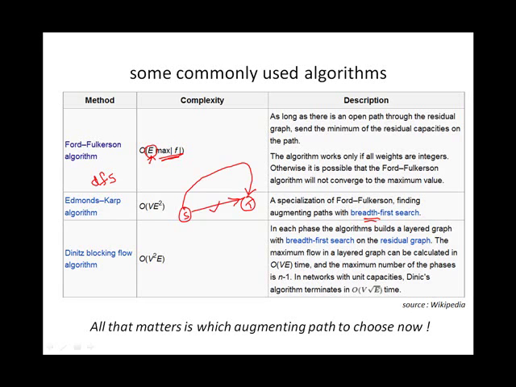If you prefer the augmenting path with the minimum number of edges at each step, we have the next algorithm called Edmonds-Karp's algorithm, and it is shown that the complexity of this algorithm is O of V E square.